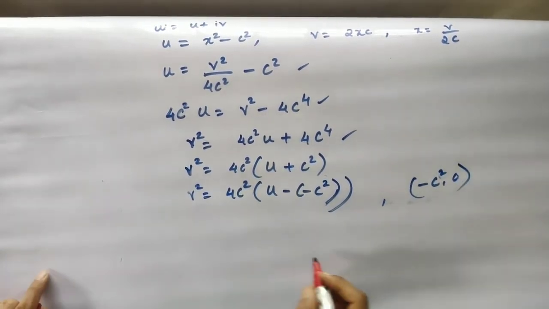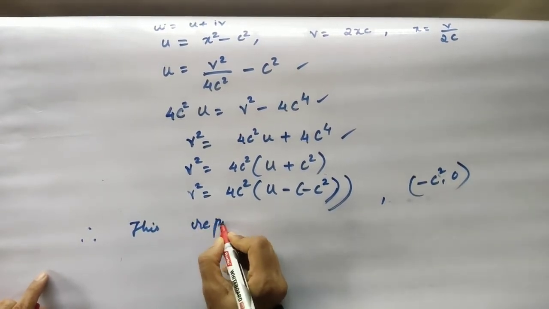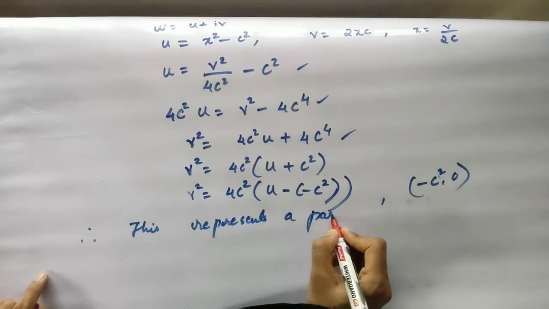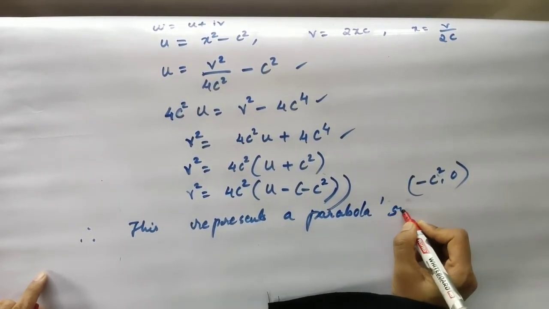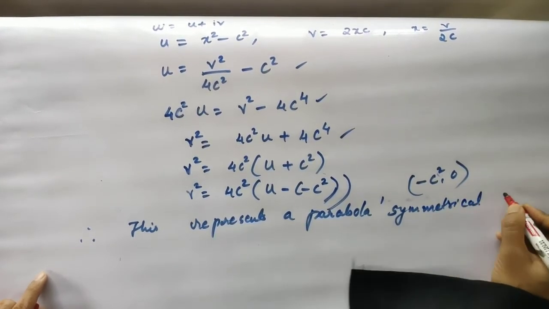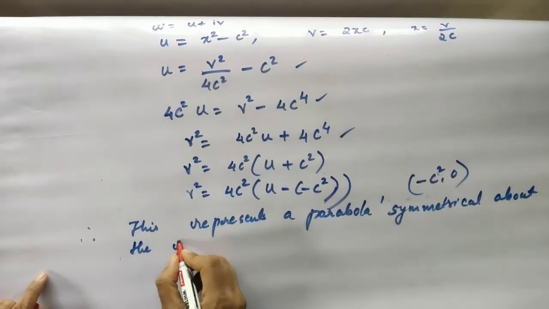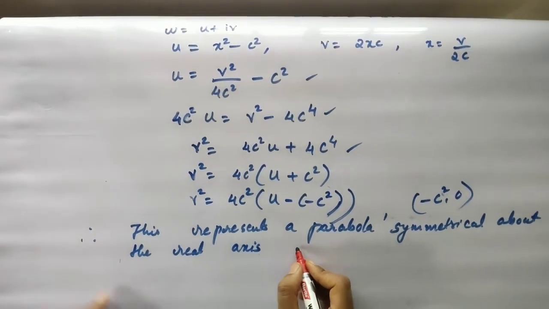So yes, this represents a parabola symmetrical about which axis? Real axis only, right? About the real axis, yes, that is the u axis.